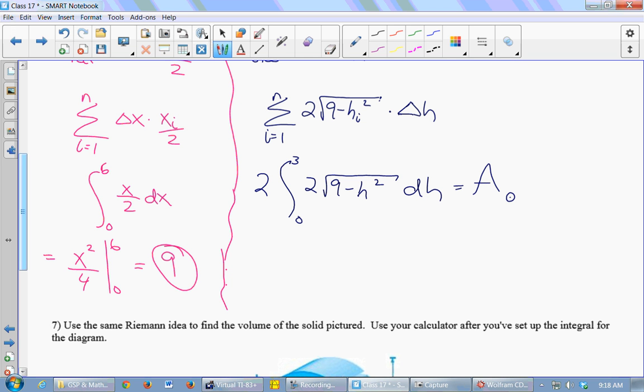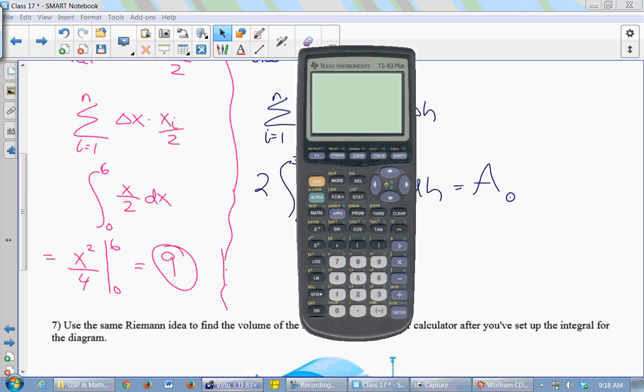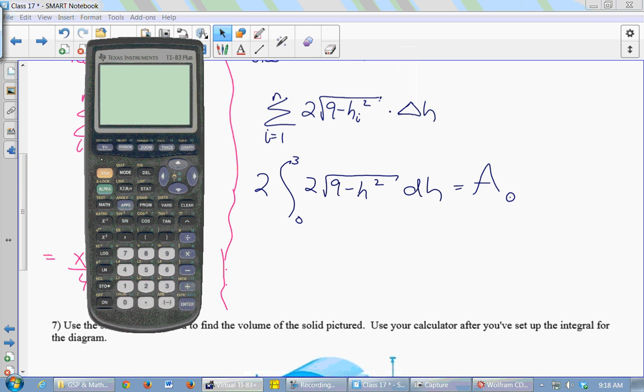All right, so I'm just going to have my calculator do this integral. And then once I have the calculator evaluate the integral, I can compare it to the formula of just using pi r squared and see if this works. All right, so I'm going to do 4 times, I'm pulling that 2 out, so I get 4 times the integral of the square root of 9 minus x squared, comma x, comma 0, comma 3.